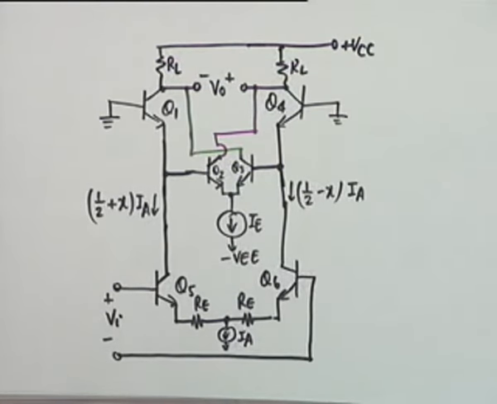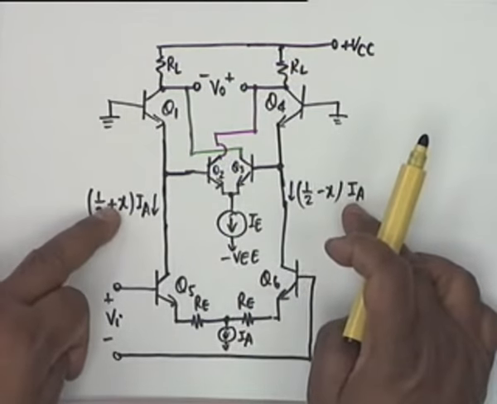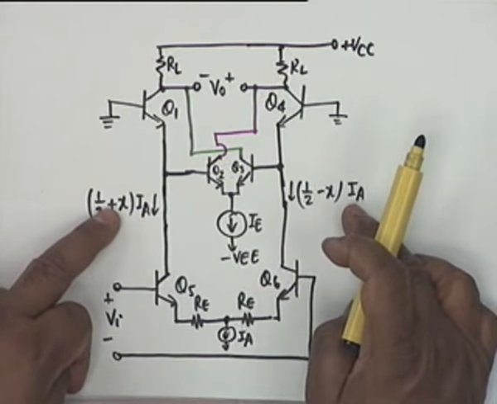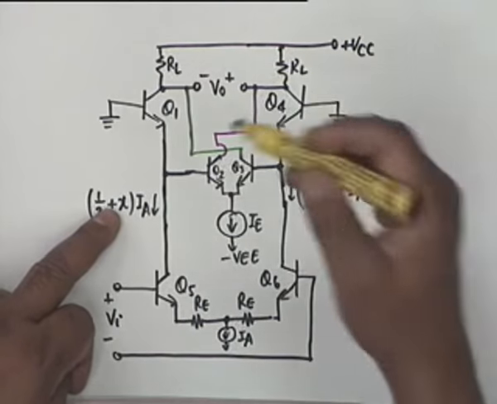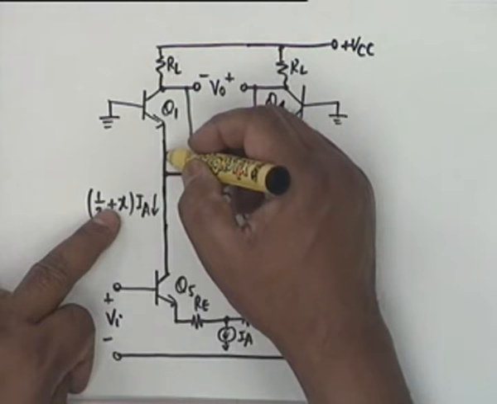Excuse me, sir. In case beta is less than 10, what do I take instead of half plus x IA and half minus x IA? I have to take the base current into account as well. Now here, as far as these two currents are concerned, they are not affected by beta. So the total will not be equal to IA, that will be less than IA in that case.